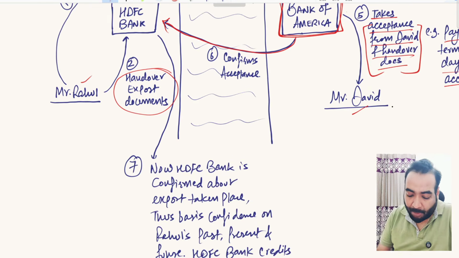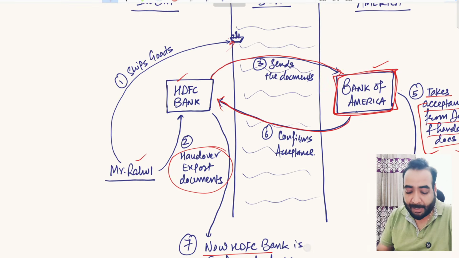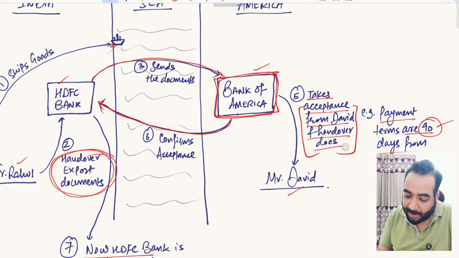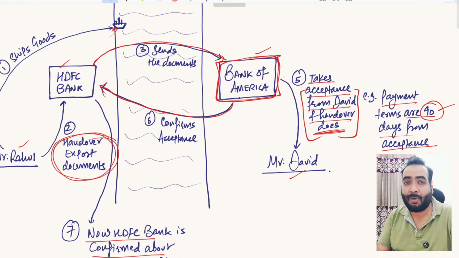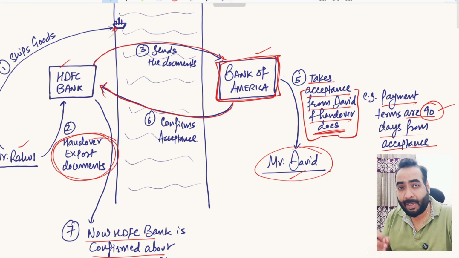So now HDFC Bank is confirmed about the export taking place. HDFC Bank has received the export documents and has received the confirmation of Mr. David as well, who is the receiving party.